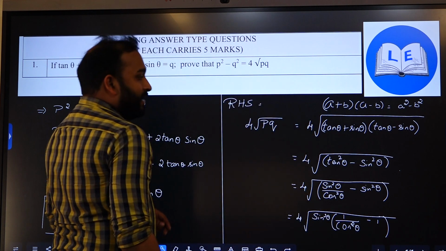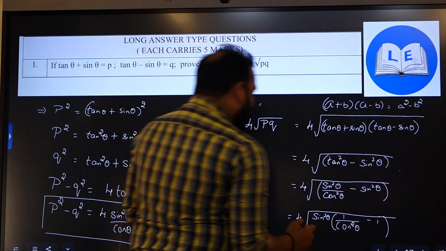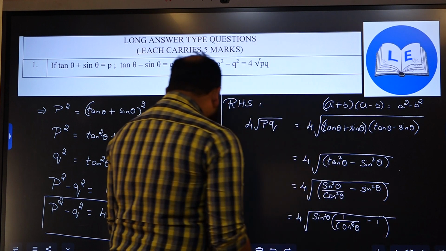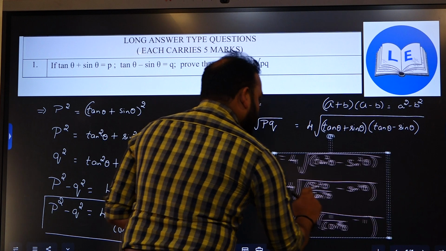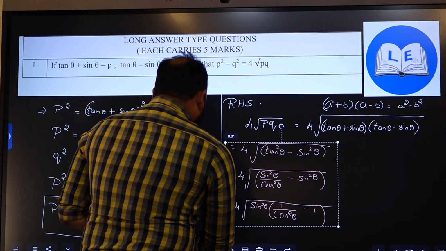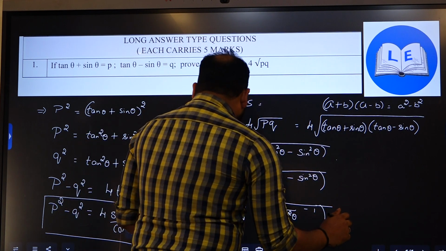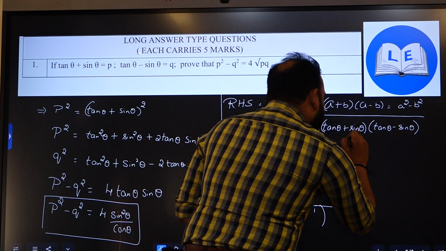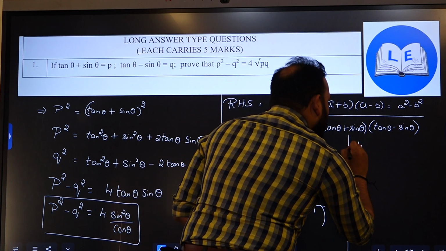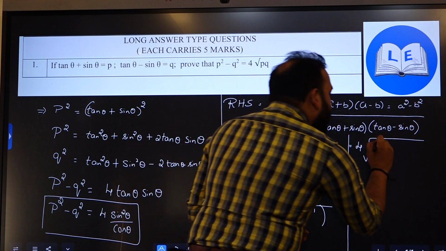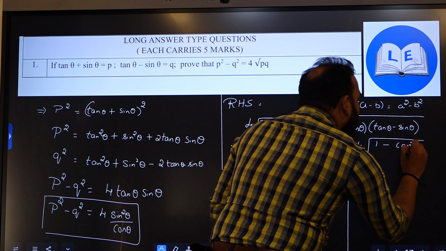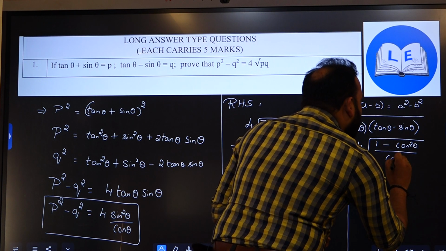So if you take LCM there, in the next step, what do you get? You get 4 times root of, if you take LCM here, 1 minus cos square theta divided by cos square theta.